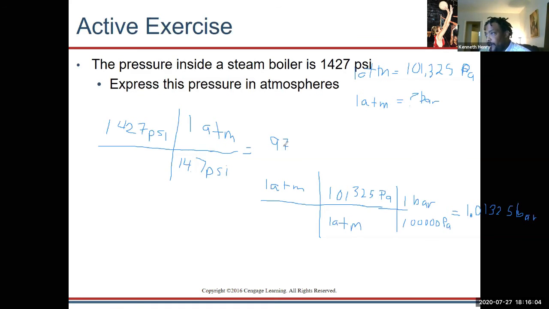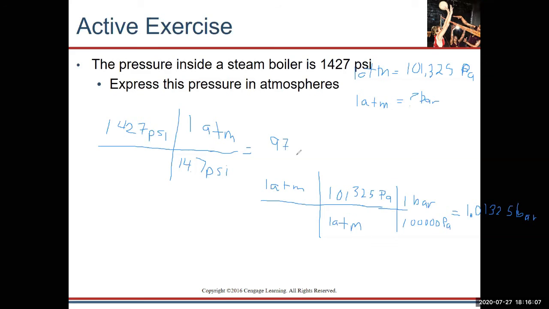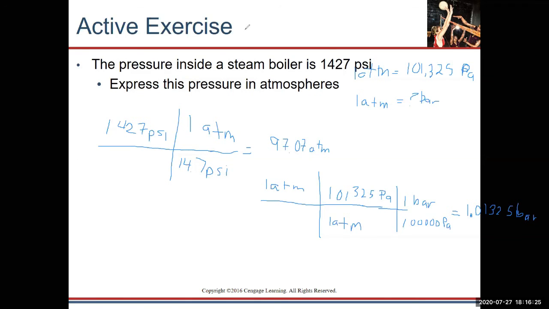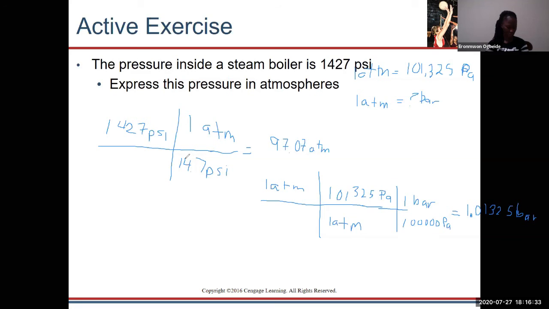How many sig figs should I have? 4 sig figs. Okay. So would it be 97.07 atmospheres? That's correct. Piece of cake? Dr. Henry, please, how did we get 14.7 psi?